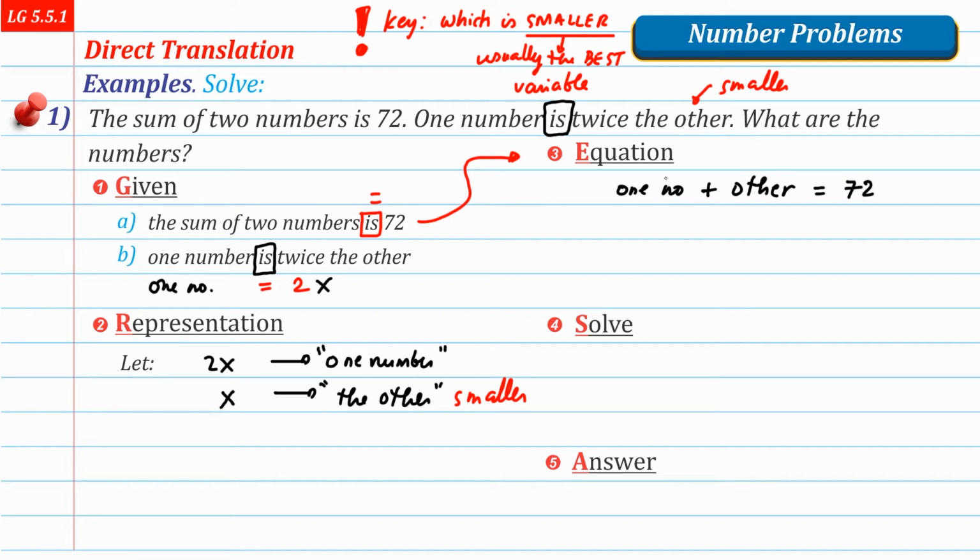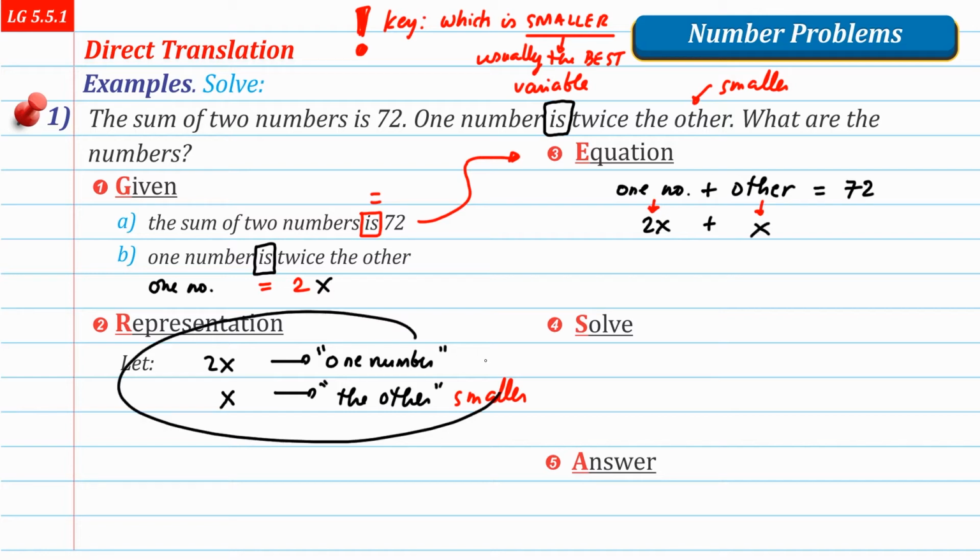Okay. Now, after this, ano ba yung one number? Di ba meron tayong representation, guys? Yung representation, doon natin ipapasok ito kasi hindi naman mathematical. Ano ba yung one number? Di ba yung one number is represented by 2x plus. Ito pinalitan natin. Itong other number is represented by x.